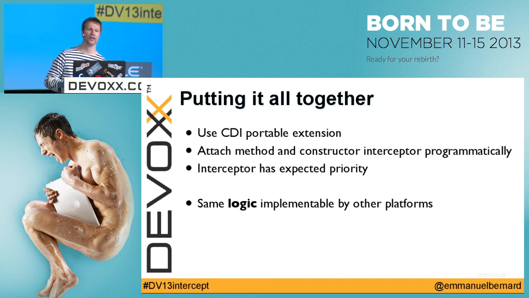So if I put that back together, bean validation provides the API to validate parameters, validate return values, and so on. CDI portable extension adds the actual interception technology to the CDI beans, and the interception technology lets us intercept constructors and methods, and also define the priority.